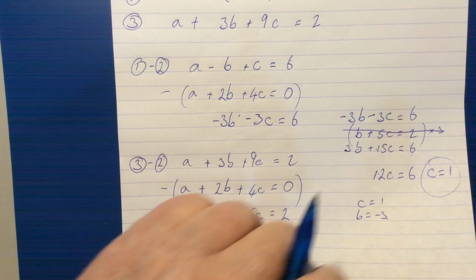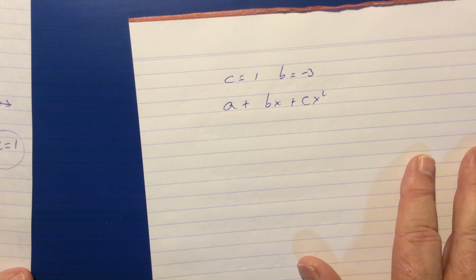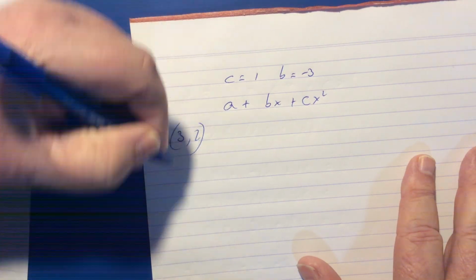Now I'm going to run out of paper, so I'll just get a fresh sheet. We know that c equals 1, b equals negative 3, and our equation is a plus bx plus cx squared equals y. So let's take an ordered pair and put it into that. Let's take 3, 2.